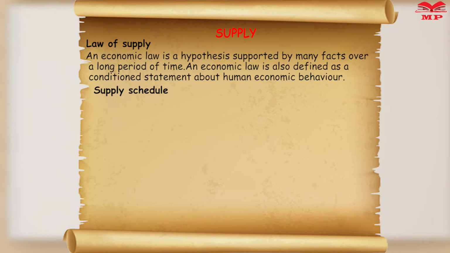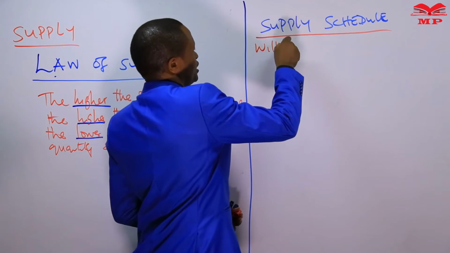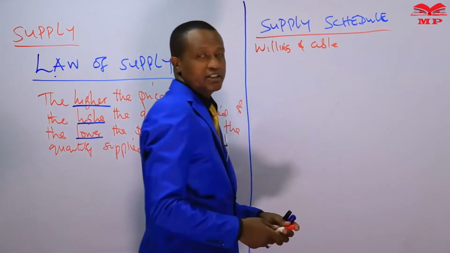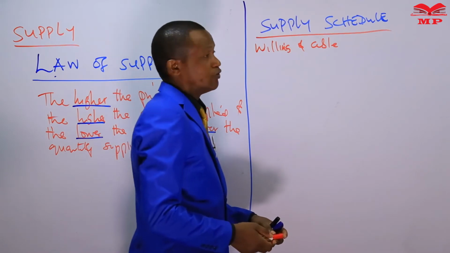A supply schedule is a table that shows the quantity of a commodity that the producers are willing and able to bring to the market at different prices over a given period of time.